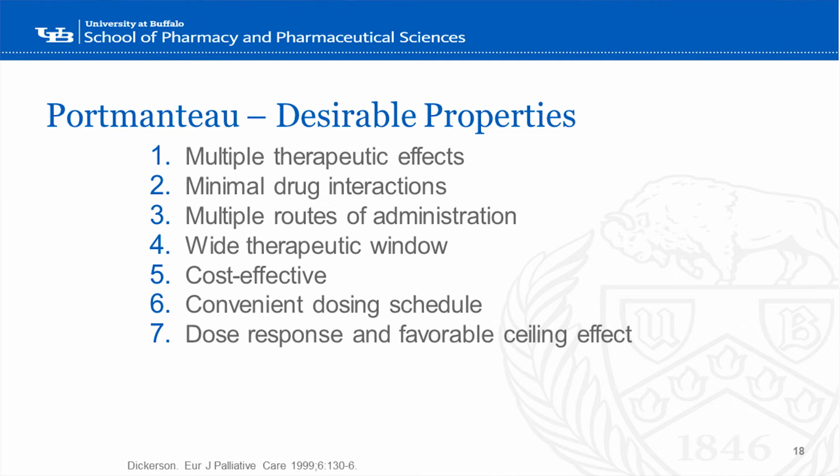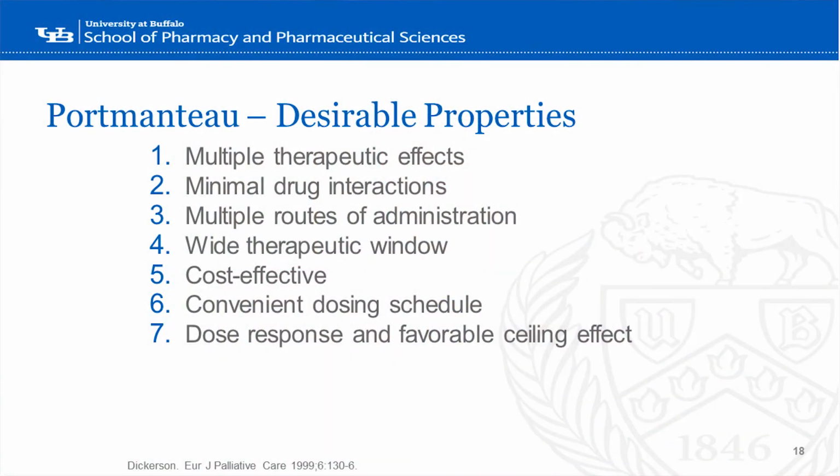So let's use morphine as an example, where obviously it has effects on pain, but as we'll discuss in a little bit, effects on dyspnea, as well as some of the side effects that we see with morphine, but are sometimes beneficial in our hospice patients, which may include sedation. So we also are looking for minimal drug interactions. Multiple routes of administration. Again, opioids do fit this property of portmanteau.